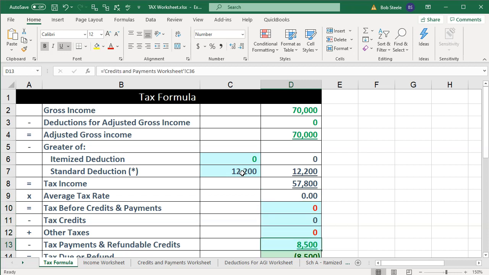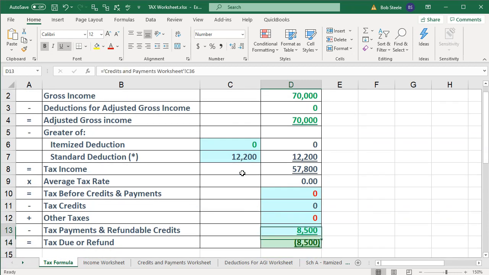And then we have the actual payment that was made, 8,500, and we'll have a refund, but it will be dependent on what we're going to put in this number. This is the one number we're going to take directly from the tax return, because I'm not going to recalculate the progressive tax system each time to verify. You could, but I'm not going to do that here. So basically, until you finish this thing, you're kind of in limbo on the second half of the return.